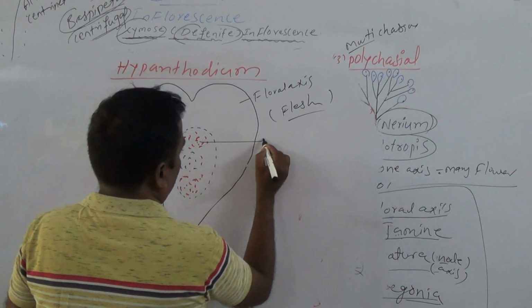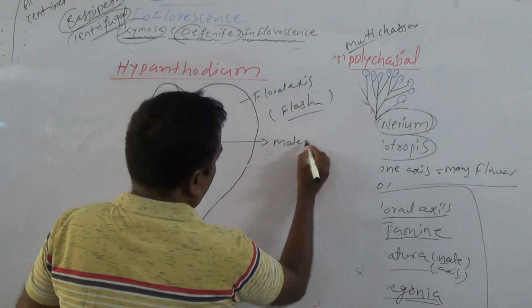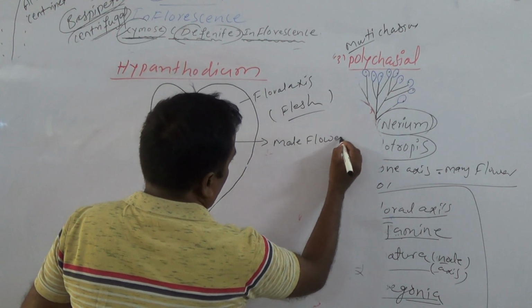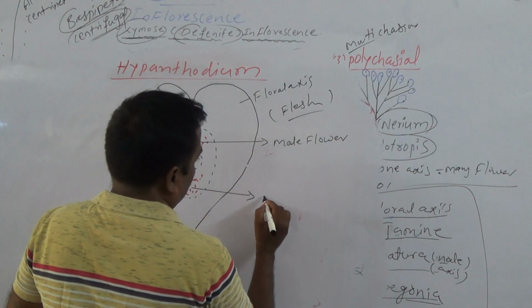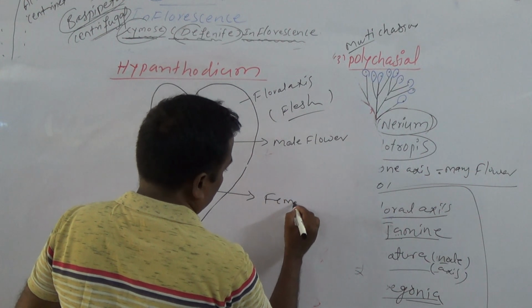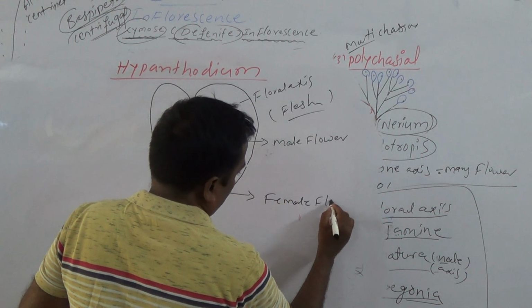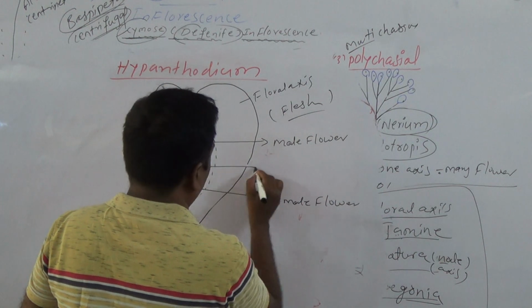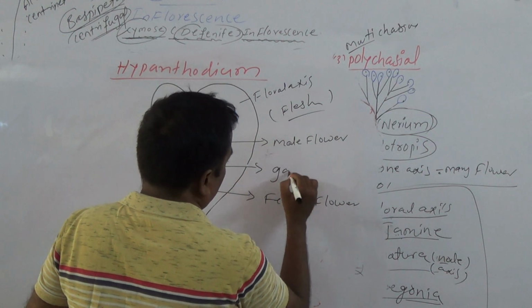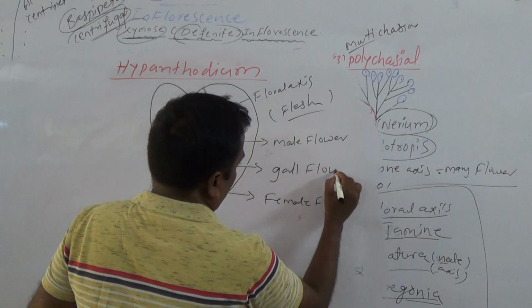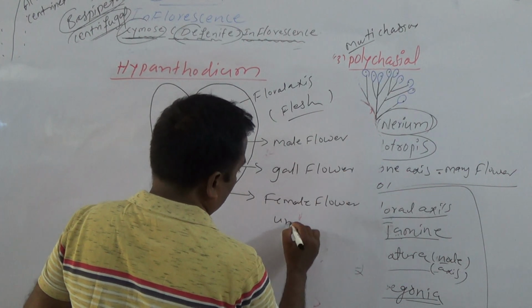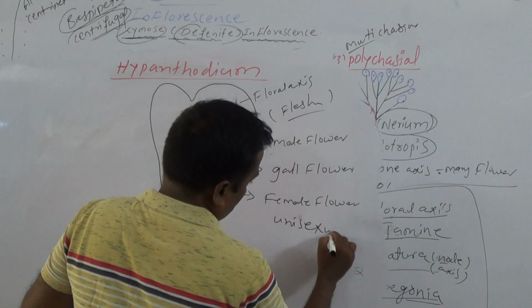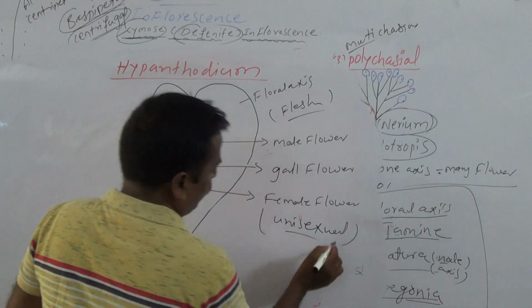So this is the male flower and this is the female flower, and the middle is the gall flower. Unisexual flowers are present, 2 types: male and female flowers.